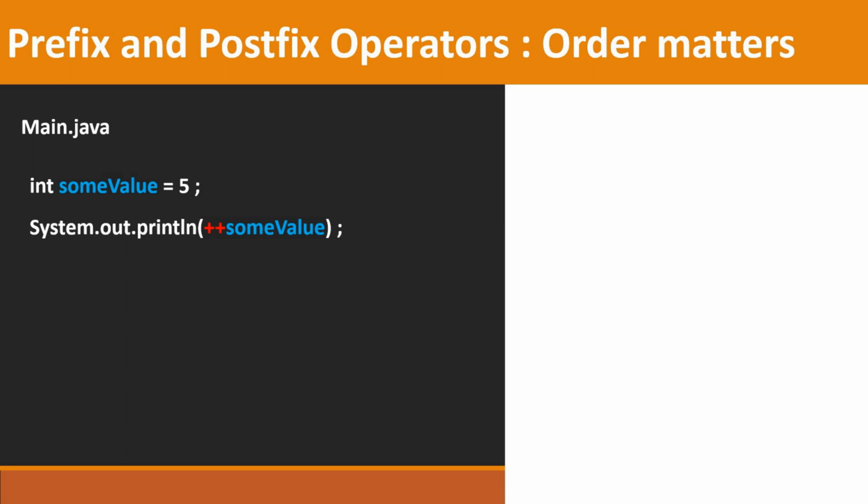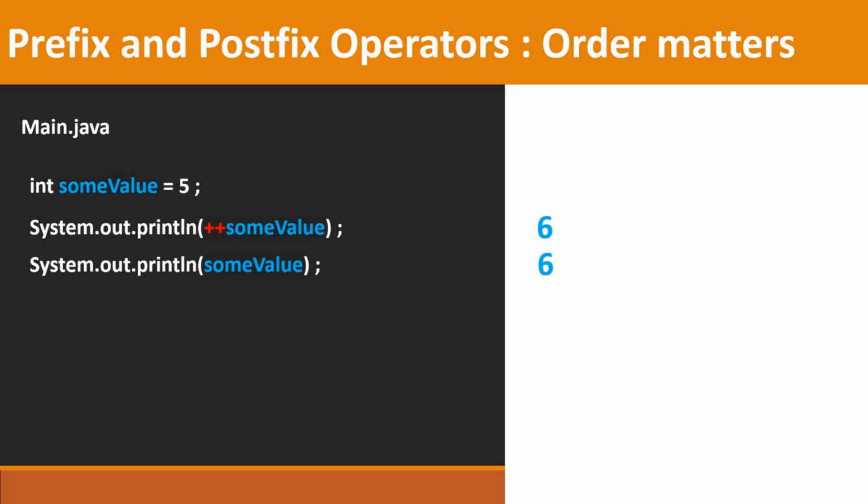Well, in this case, we'll take the value 5, increment it by 1, which makes it 6, and then return back that result. So the result of this print statement would be the value 6. But keep in mind that that variable SumValue is actually changed. So if I now simply print out SumValue, I will again get 6. So the operator applied the operation and stored it back into that same variable.